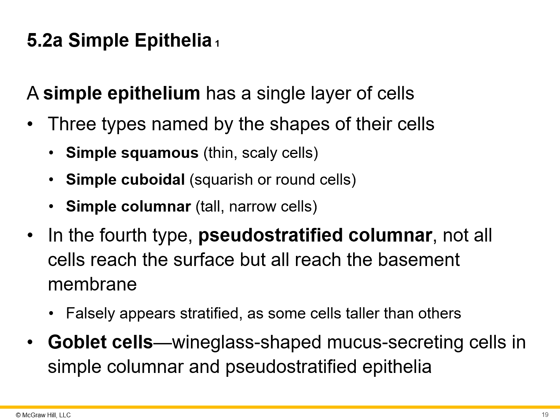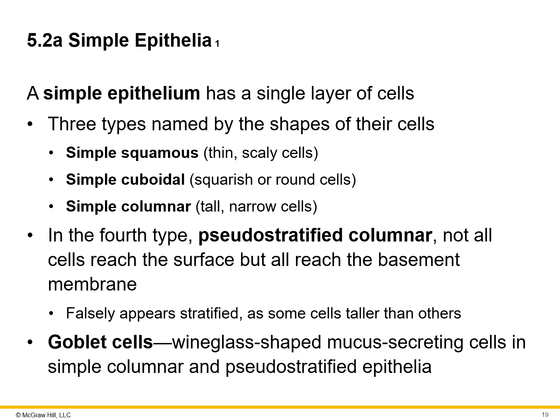And so when we're looking at simple epithelium, if it has one layer of cells, those cells can be one of these three shapes. If they are squamous, they are these thin, scaly-like cells that look like they're kind of squished. They look kind of like floor plates or like ceiling tiles.